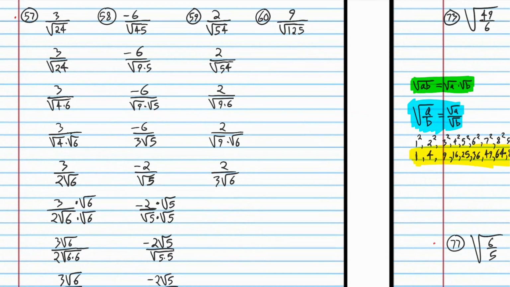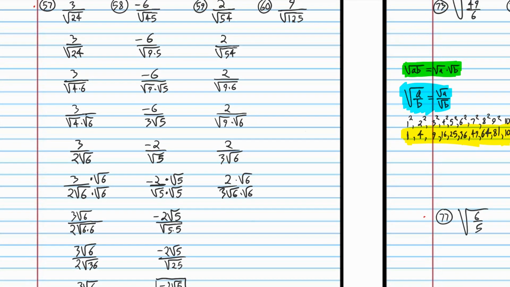So now we cannot reduce 2 over 3, so we can just leave that fraction. We finished taking out the perfect square out of the root. So now we're going to multiply both sides by root 6 to get rid of the root in the denominator. We're going to rationalize the denominator.